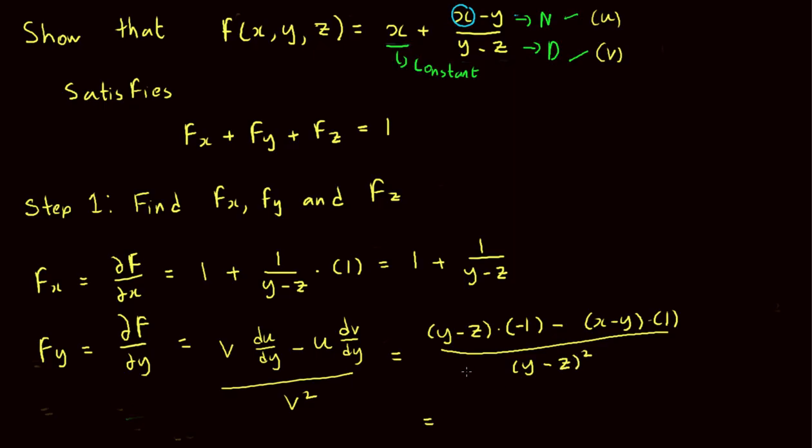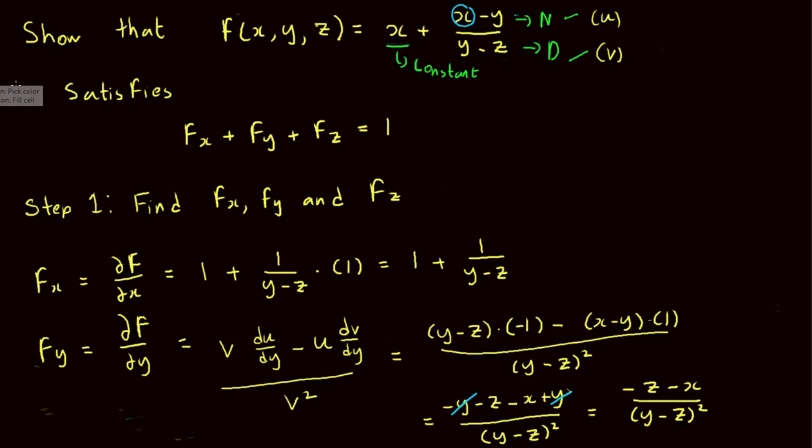If I simplify this, it's negative y minus z minus x plus y, over y minus z squared. Let me cancel out these two, and we end up having z minus x over y minus z squared. So that is your fy.